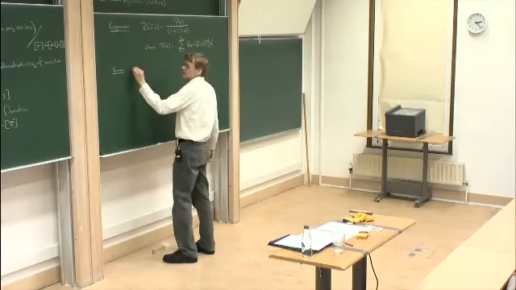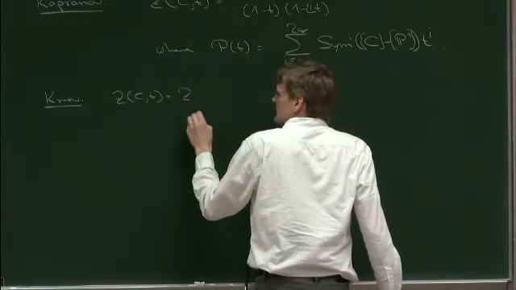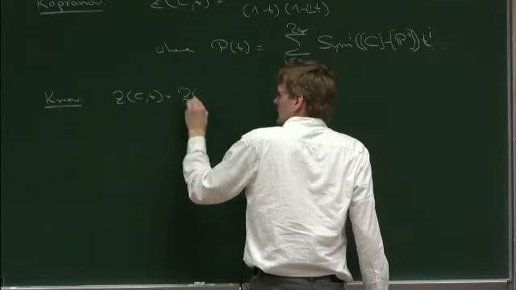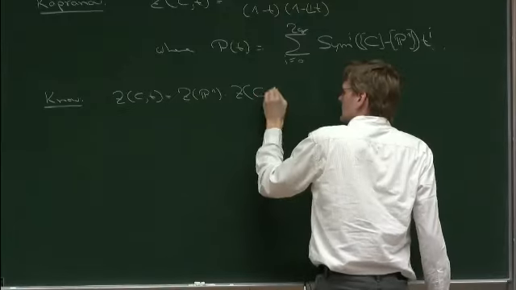So you know already that the zeta function of the curve is the zeta function of p1 times the zeta function of c minus p1.